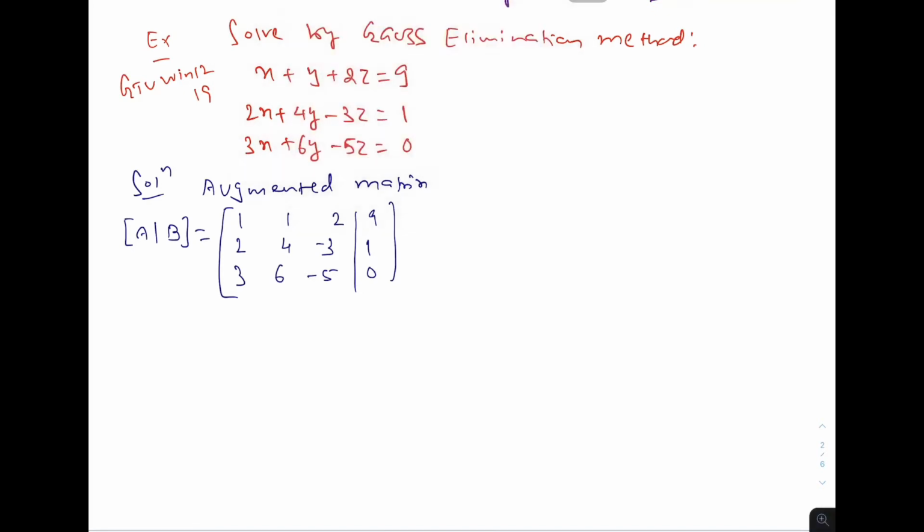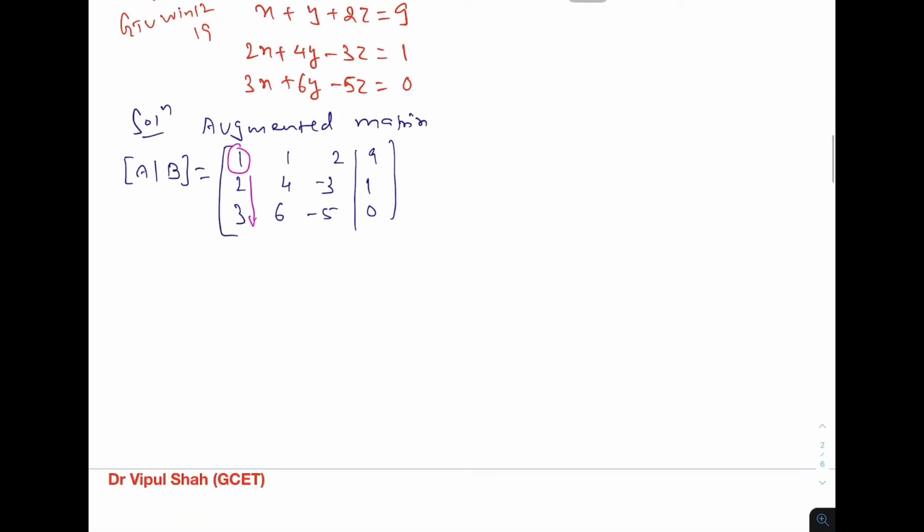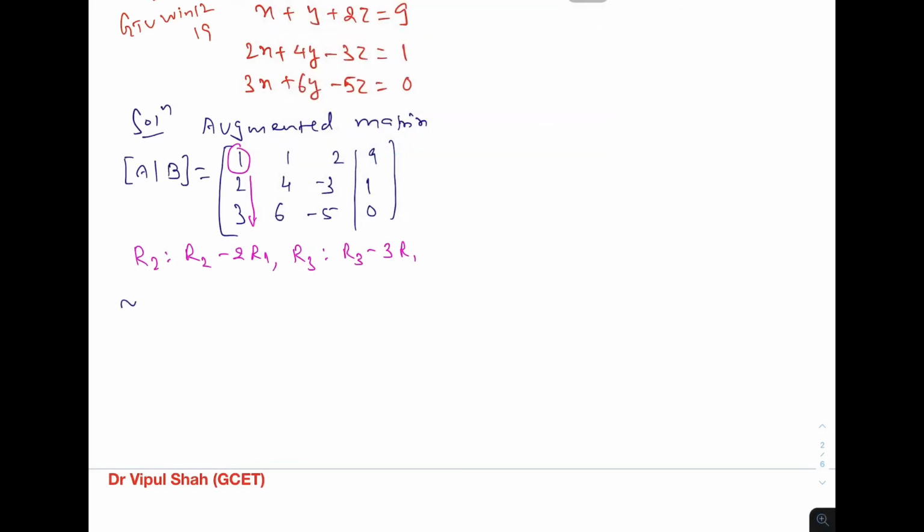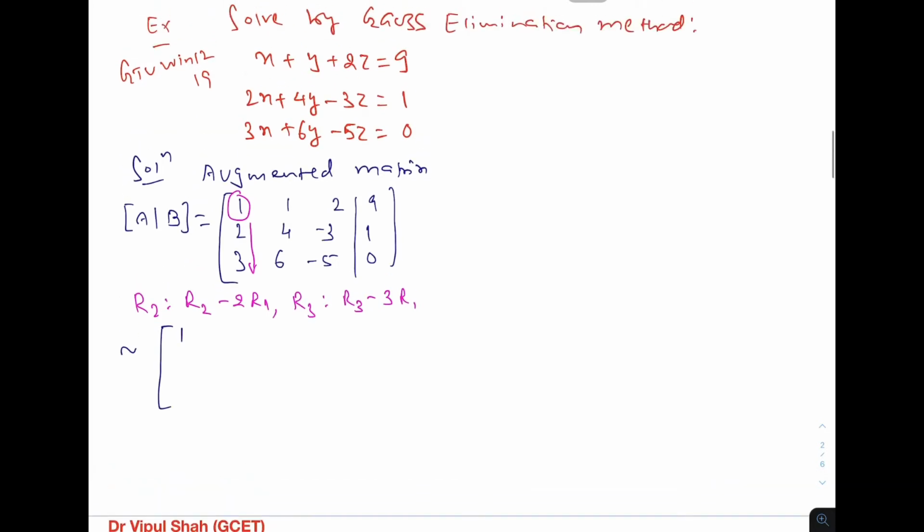So here we already have 1. So make the entry below it to be 0. So apply R2 minus 2R1 and R3 minus 3R1. So we get 1, 1, 2, 9.